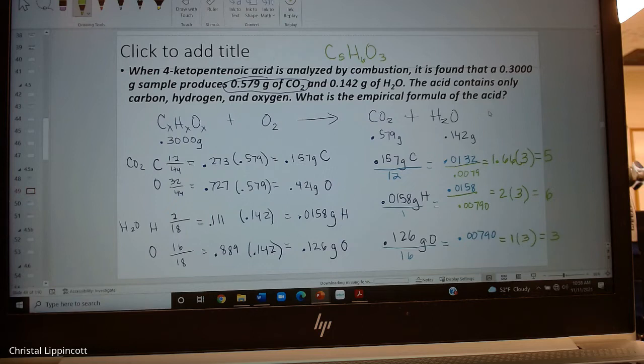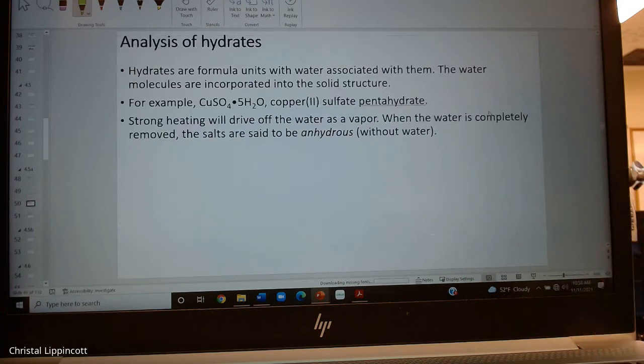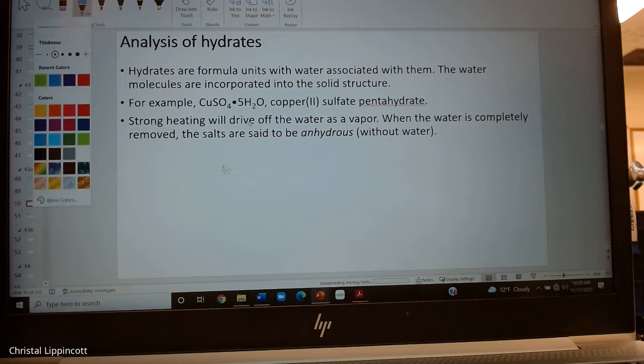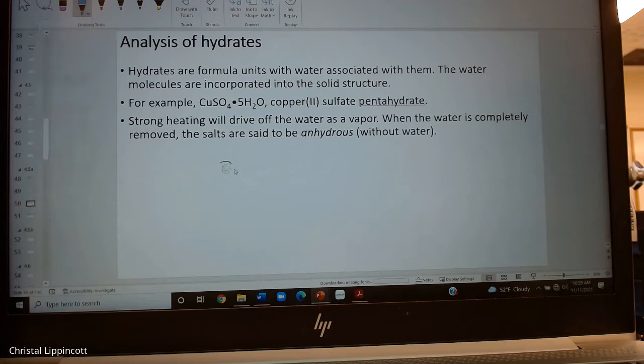Okay, good. All right, moving on to hydrates then. I don't remember if we've talked about hydrates in here this year or not, so I apologize if I end up doing this again. But a hydrate is a molecule, okay? And then it's almost like you've got some water that's been Velcroed onto it.